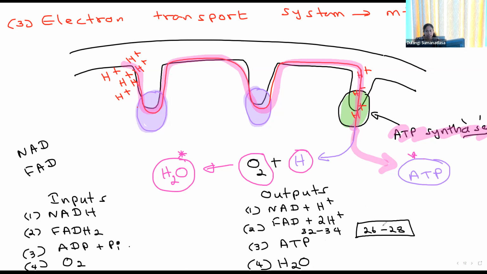This is significantly higher than the other two stages, right? So write down electron transport chain. If something happens to the electron transport chain, you're losing a massive number of ATP, right? You need to know the exact number. I think this is the correct one, but we used to say the other.